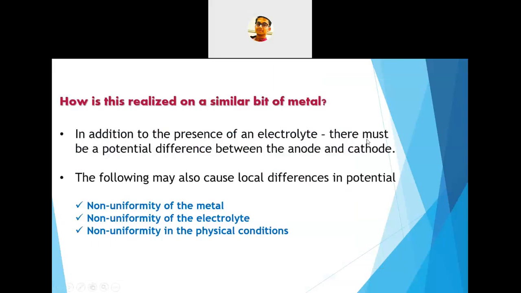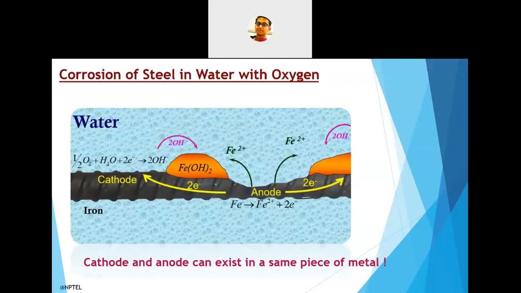In addition to the presence of an electrolyte, there must be a potential difference between the anode and cathode to complete the cell. If there is any potential difference between two phases of a similar material, we can get a cell.